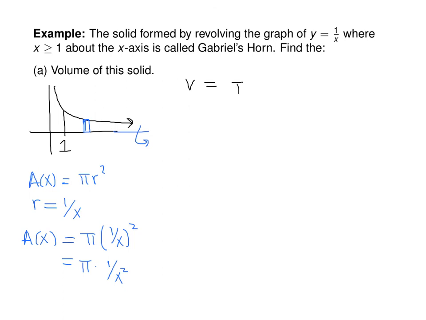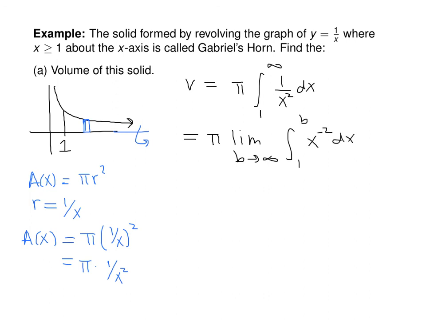So pi times the integral from 1 to infinity, 1 over x squared dx, or pi times the limit as b goes to infinity, 1 to b, x to the negative 2 dx.